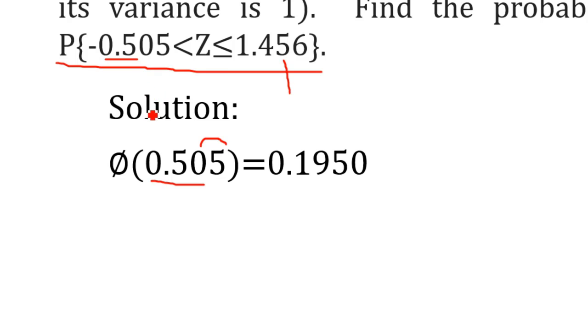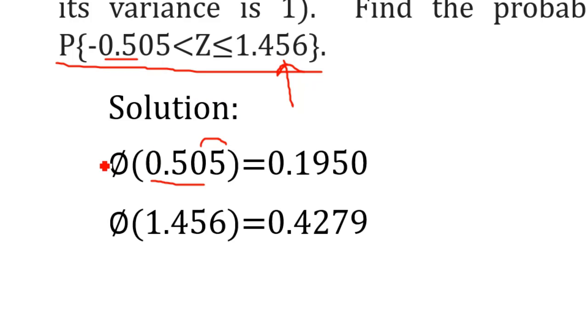Now let us calculate the value of 1.456. The third digit is not available in the chart, so can I round it up to 1.46? Then let us find 1.46. 1.4 can be observed in the column, and 6 can be observed from the row.